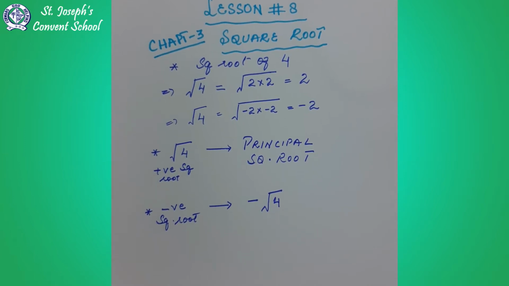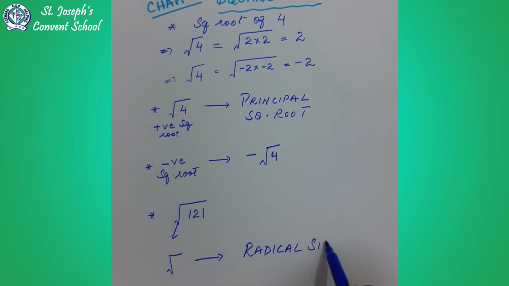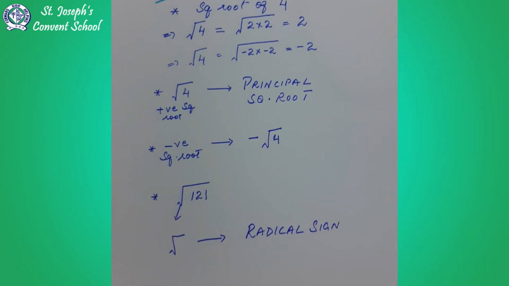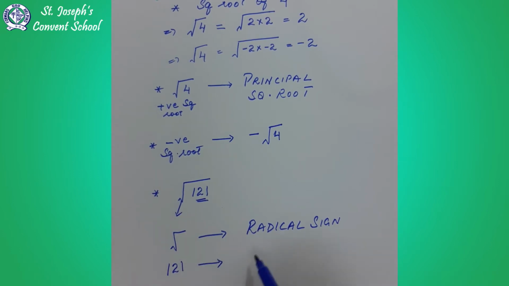Okay, when we put root sign, suppose you have to find root 121. Okay, so this is known as radical sign. Okay, this is known as radical sign, and inside the root, this number 121 is known as radicand.